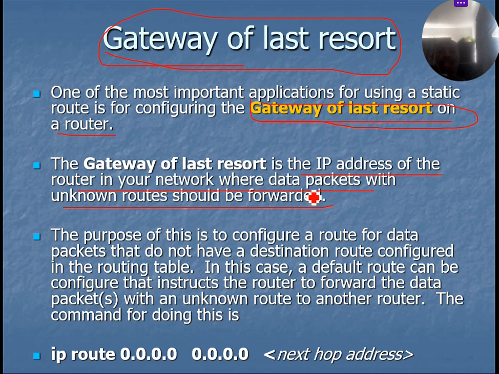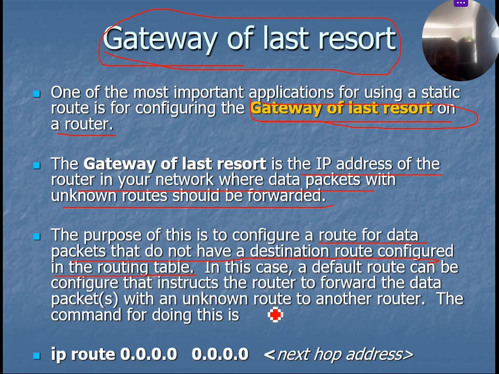The purpose is to configure a route for data packets that do not have a destination route configured in the routing table.